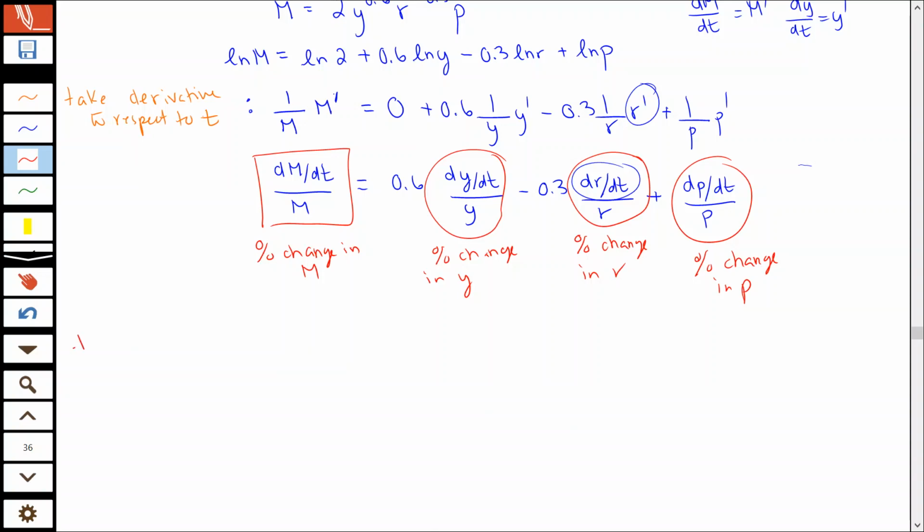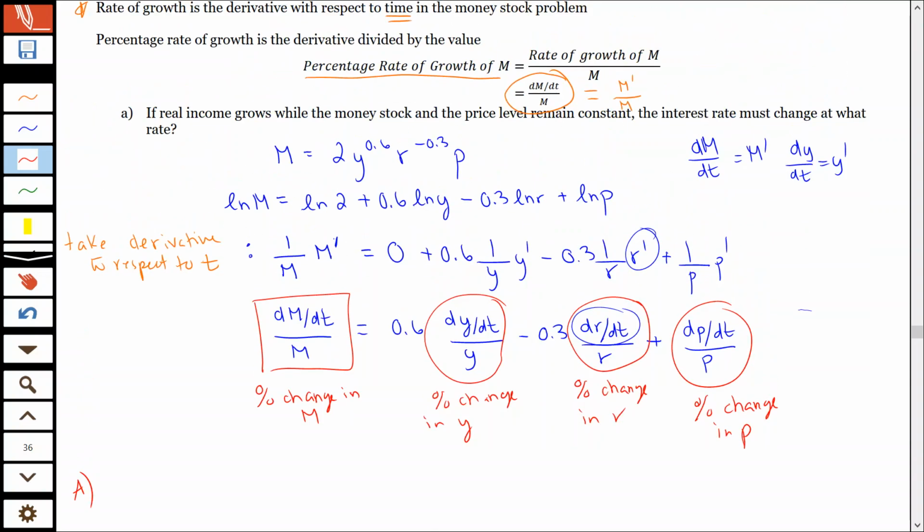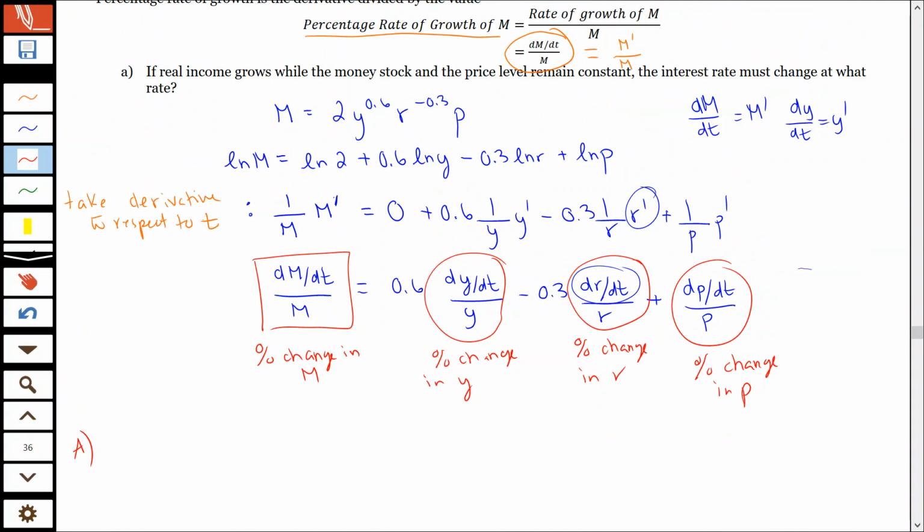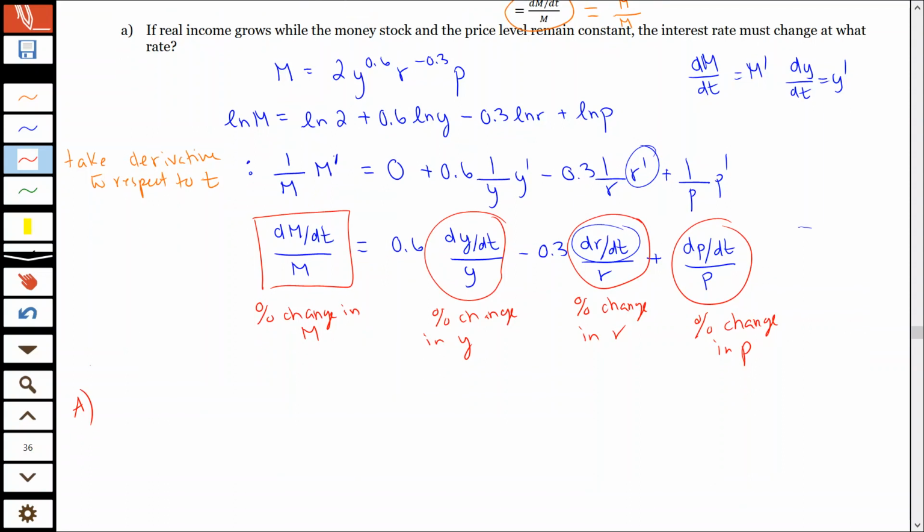So we go back and read, what did part A ask us? It says if real income grows, real income being our Y, while the money stock and the price level remain constant, the interest rate must change at what rate? So this question is telling us that money stock and price level remain constant. They're not changing with respect to time. So I'm going to have 0 for that change in money stock, because money stock isn't changing.